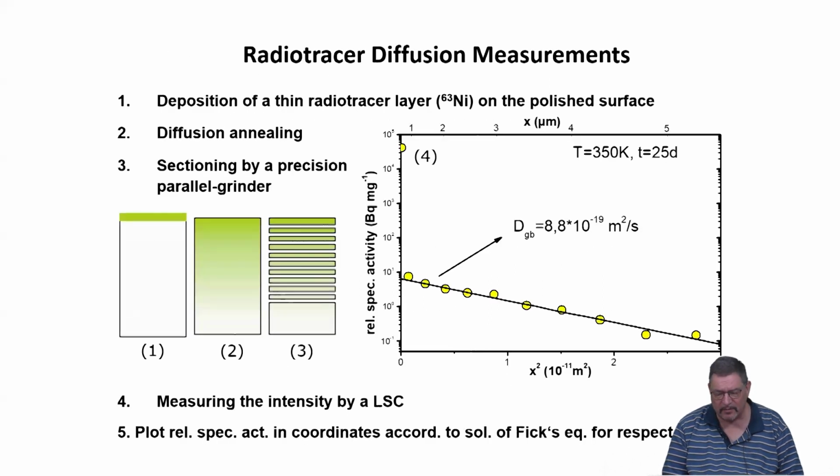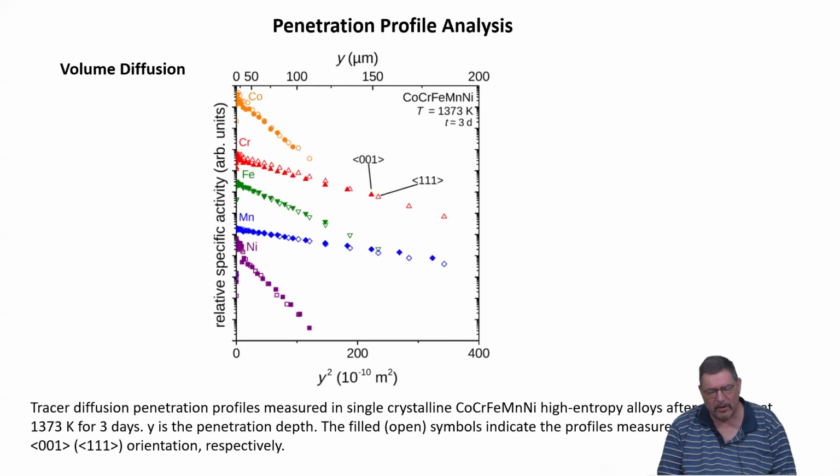This is what's done. And this gives you tracer diffusion profiles measured firstly in a single crystal high entropy alloy, which is a typical FCC Cantor system. You can see all of the constituents have been measured because nicely for all of them good tracers are available.